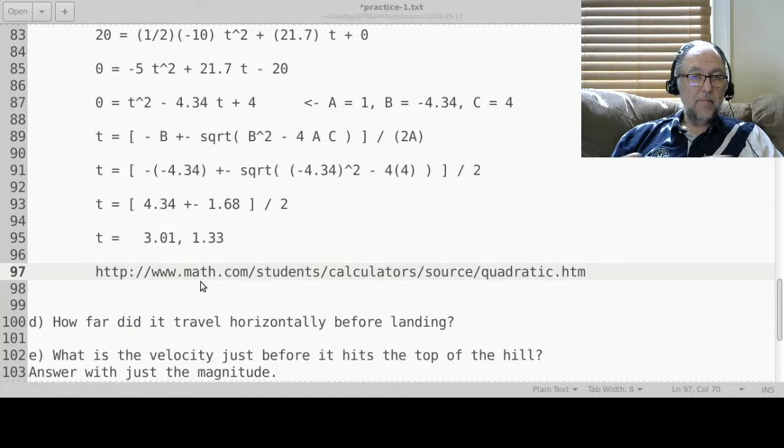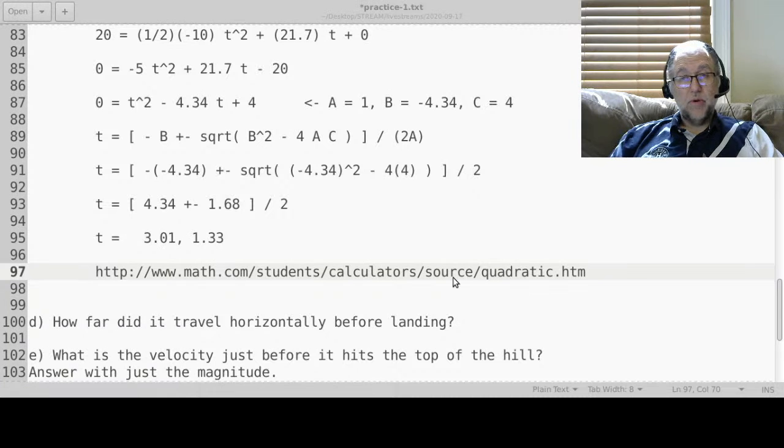Math.com student calculator source quadratic is kind of a mouthful to remember. You could just Google for solve quadratic equation online. There's dozens of these sites.